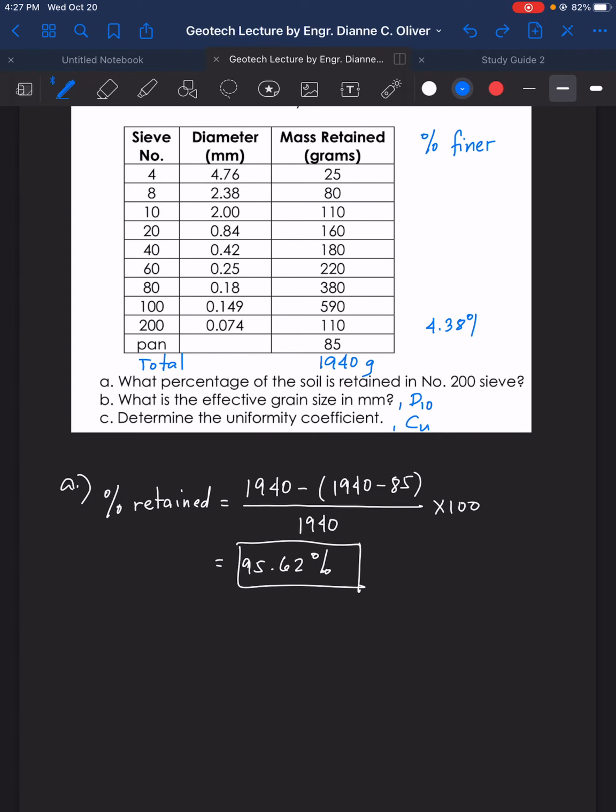How about the pan? Does it have soil that passes through the pan? No, it has 0% of soil that passes through the pan. Now, the question here is, how do you compute the percent finer of number 100?